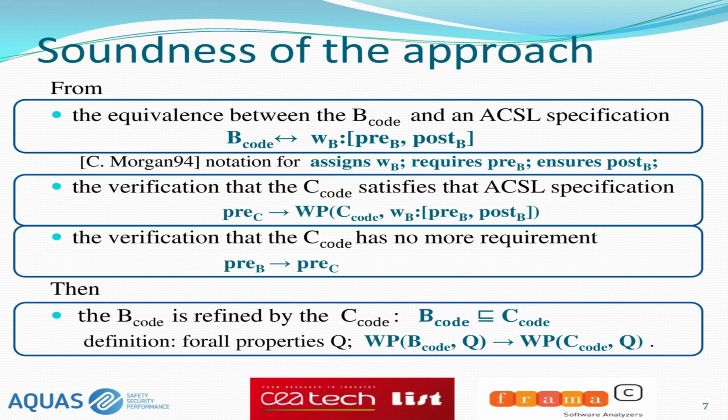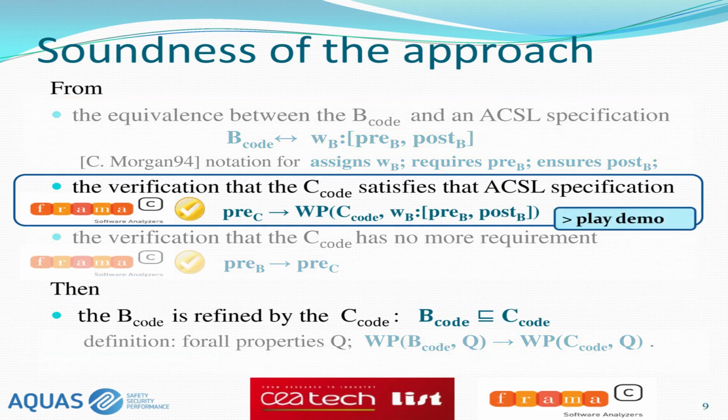This last point implies the verification that the translation to C, done by the AtelierB, does not introduce runtime errors. Both checks can be made using Frama-C plugins. The presentation will continue with a demo about the first verification, with the plugin performing the weakest precondition calculus named WP.